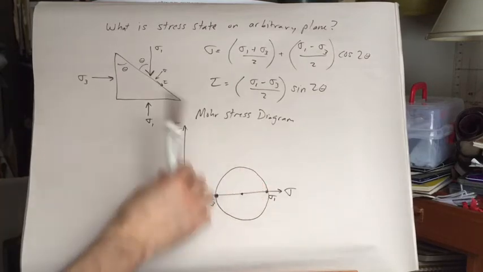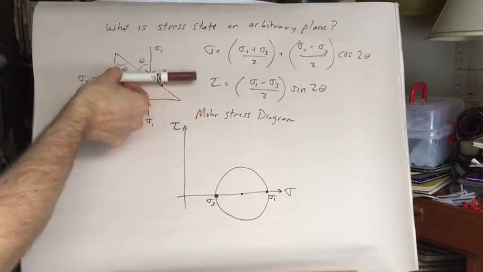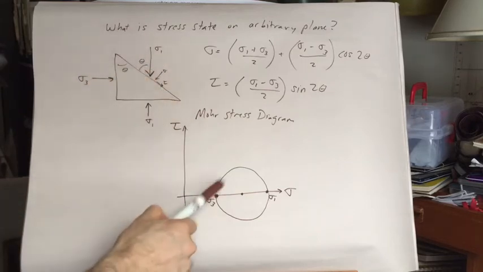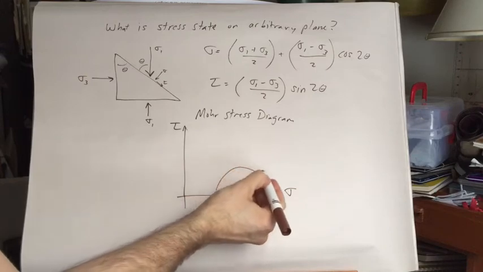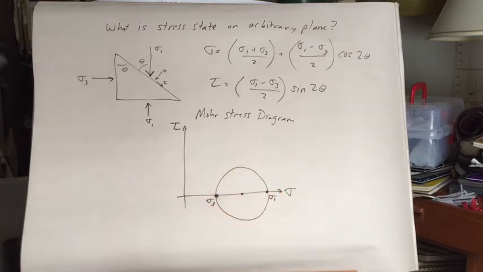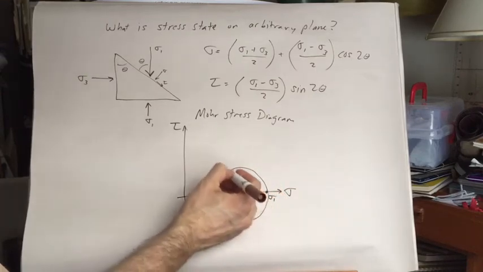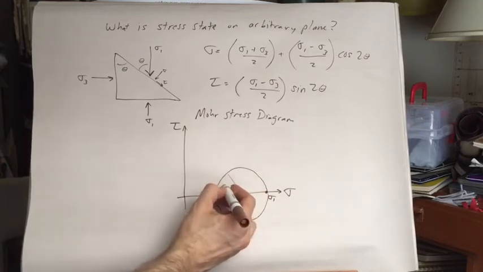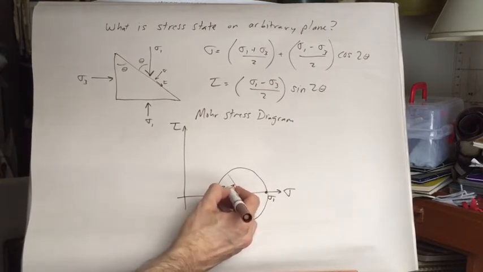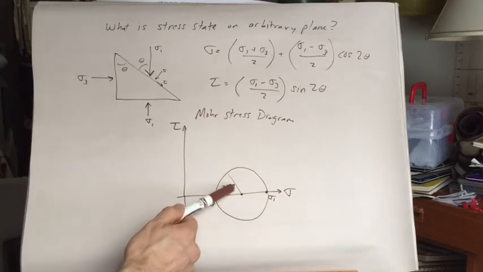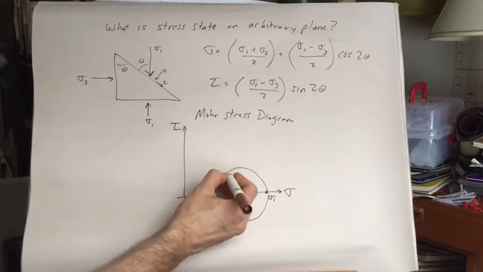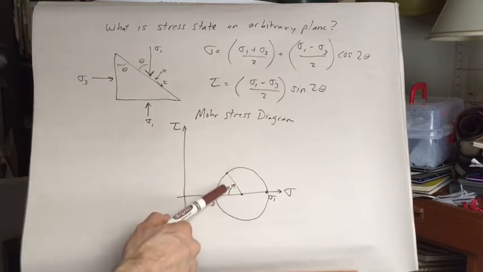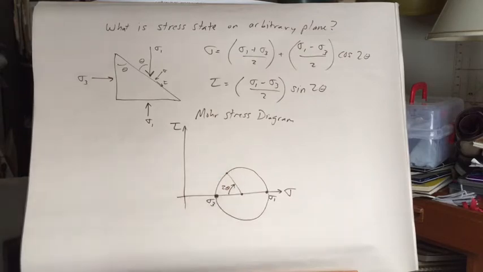Every value of theta is going to be some point along the diameter of that circle. We keep track of the orientation by defining this angle as 2 theta. So if we're talking about this point, it plots at 2 theta.